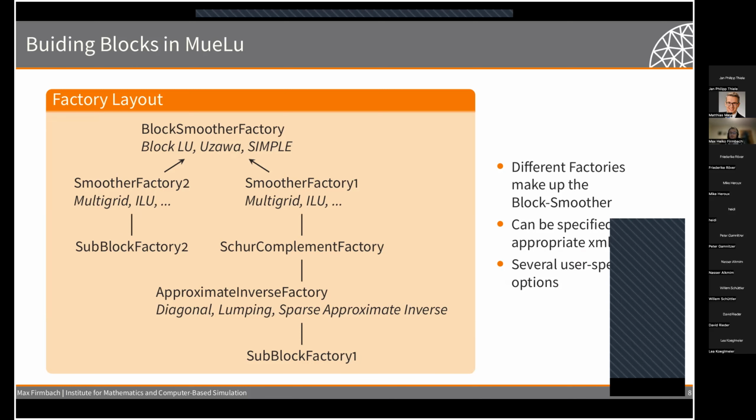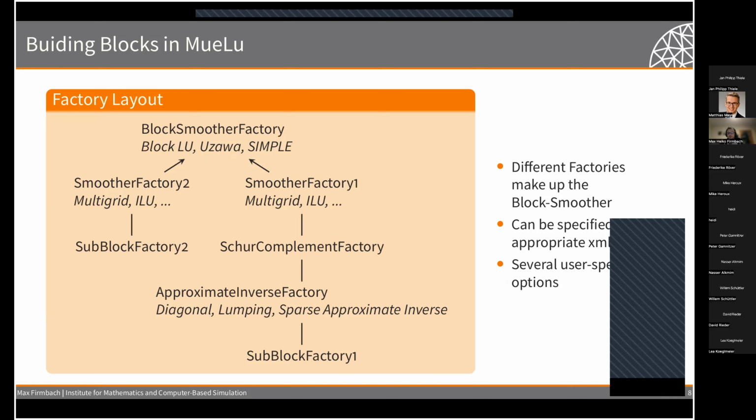And it will make an operator out of it, give it to the smoother factory, and the smoother factory generates an operator smoother for this type of matrix and gives it to the block smoother itself. The more complicated part is on the right, where we also extract a subfactory, but we need to solve a Schur type system at some point in our block method.